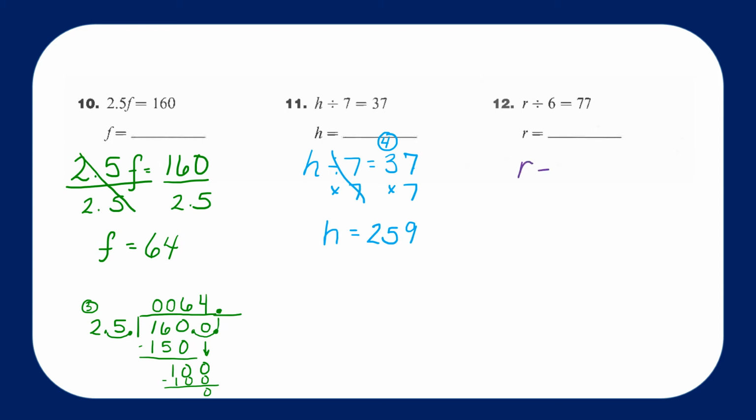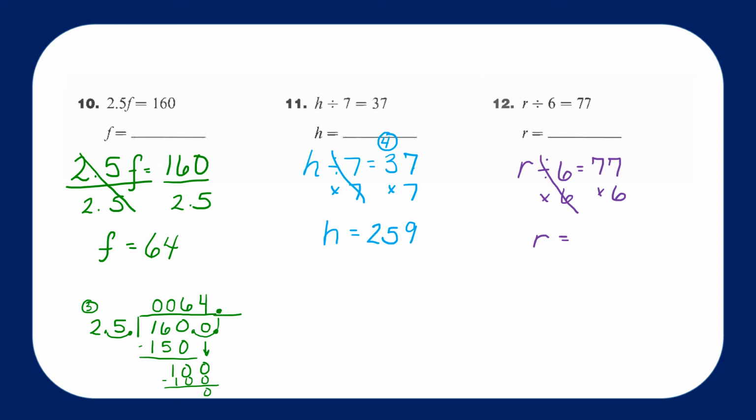Problem 12. R divided by 6 equals 77. I'm going to multiply by 6 on both sides. Divide by 6 times 6 cancels each other out. R equals 77 times 6. 6 times 7 is 42. Oops, sorry, wrong way. I'm going to go back here for a sec.